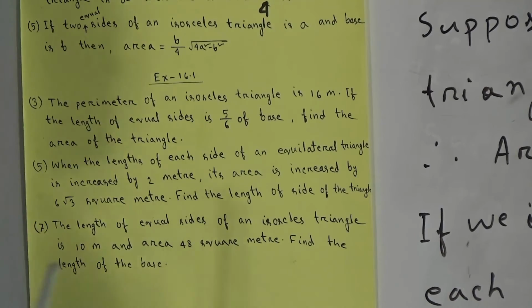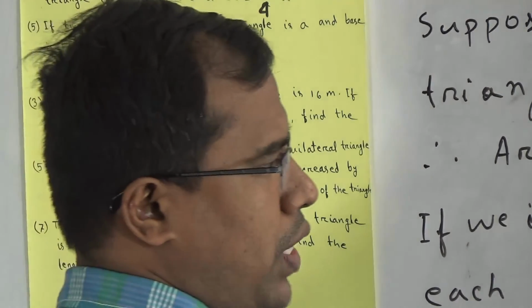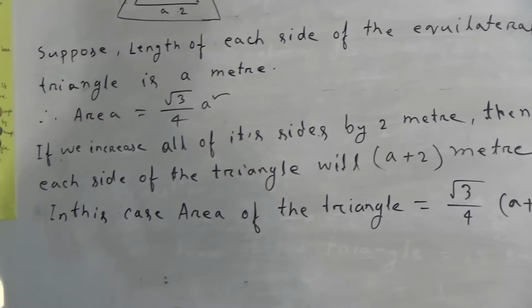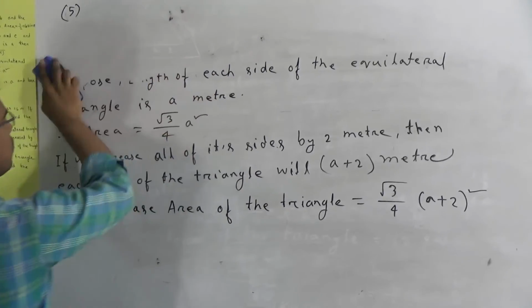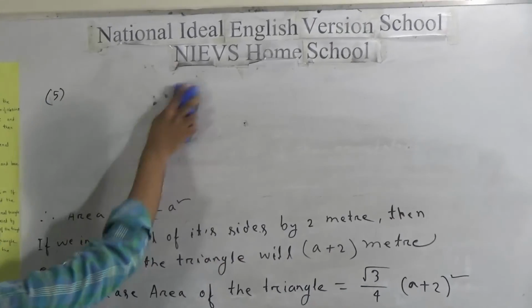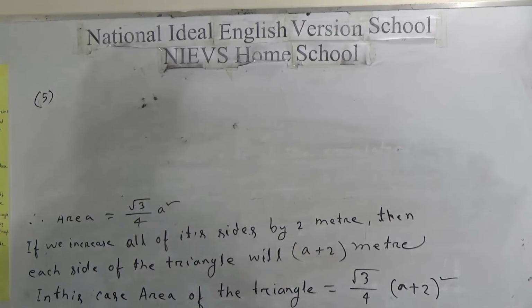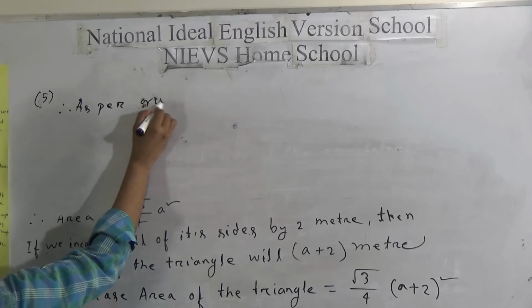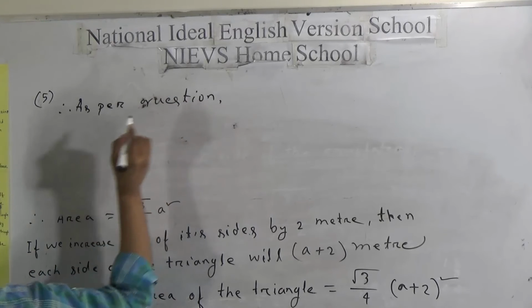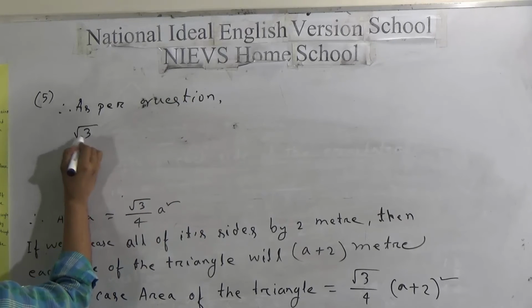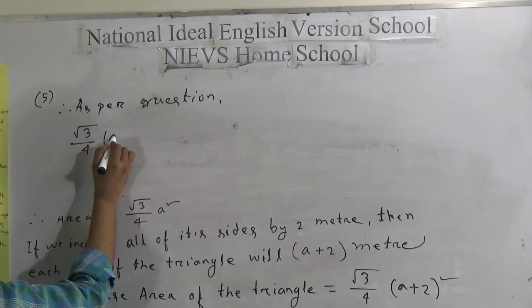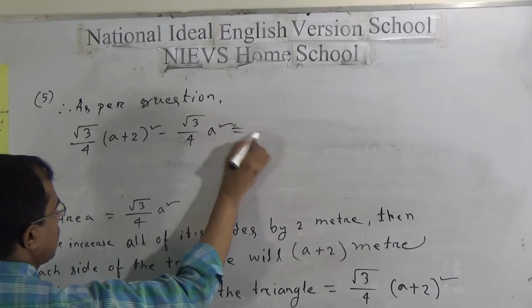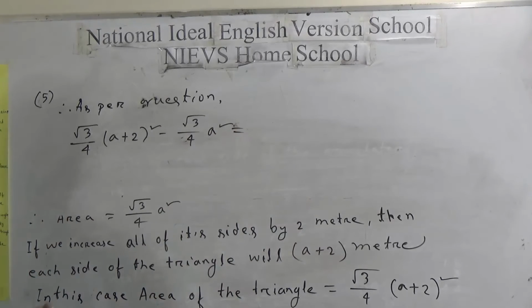That means as per question we can write root 3 by 4 a plus 2 whole square minus root 3 by 4 a square is equal to 6 root 3.